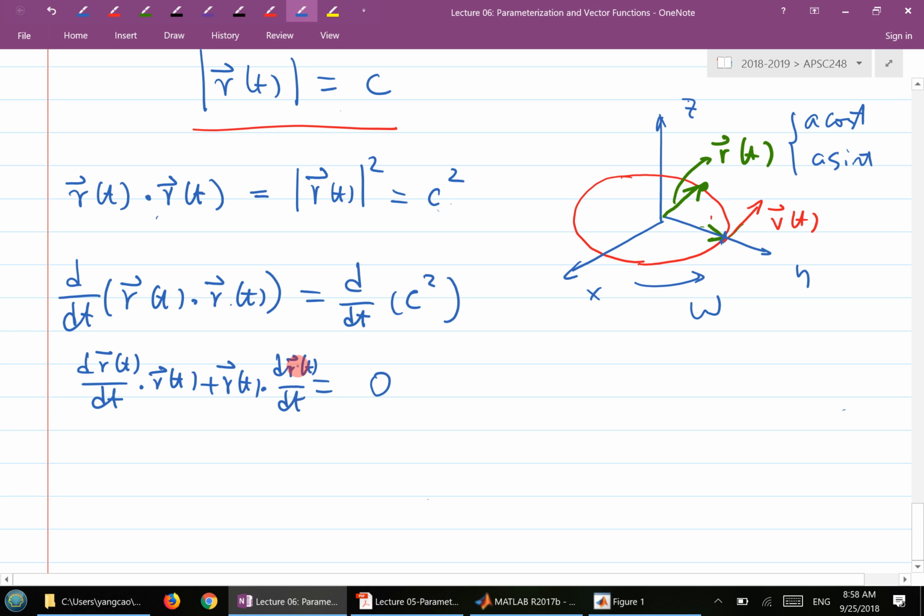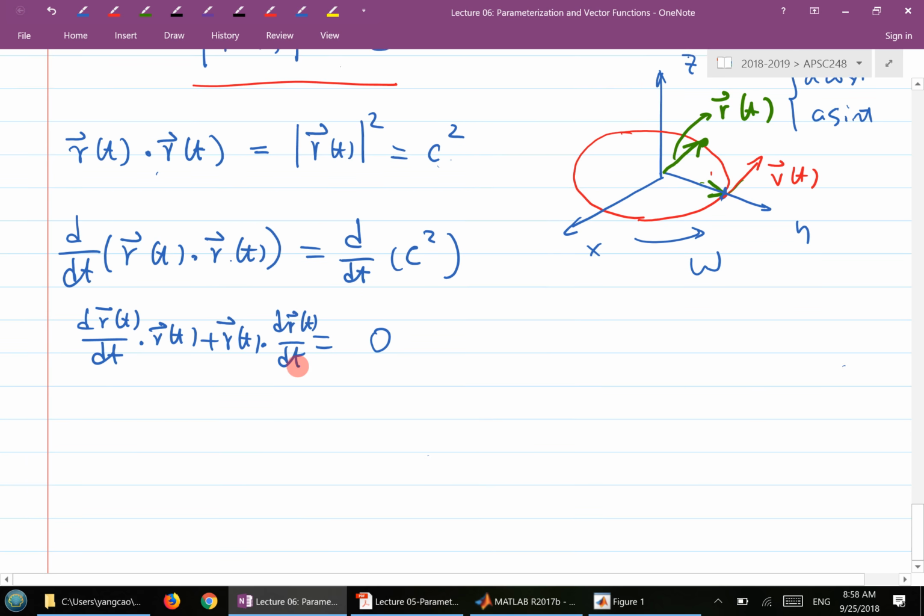Just treat them as two vector functions inside the bracket. But dot products are commutative, so a dot b equals b dot a. So these two terms are basically the same, which gives you 2 times r of t dot dr of t over dt equals 0.